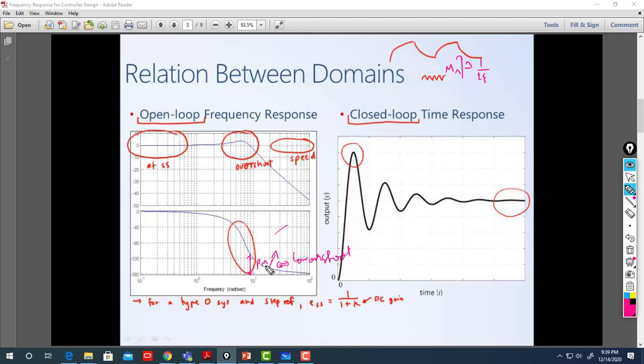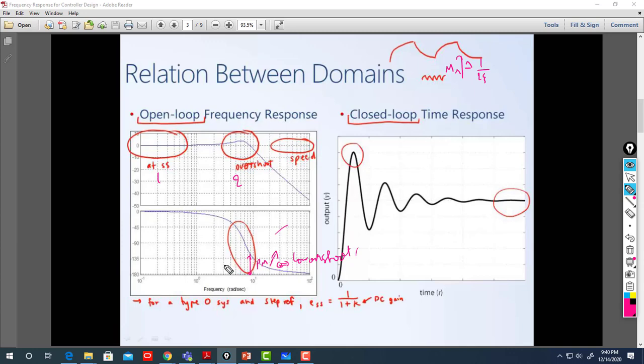So if you design a controller to increase the phase margin of the system, you will have low overshoot in the time domain. If you have a higher peak, you get high overshoot. So low overshoot, or if you wish, a high damping ratio. So this is the second.